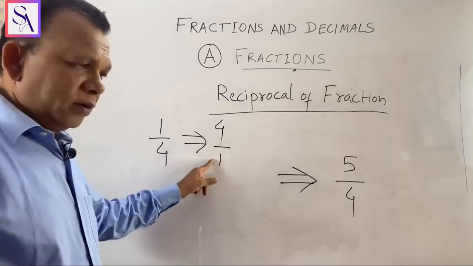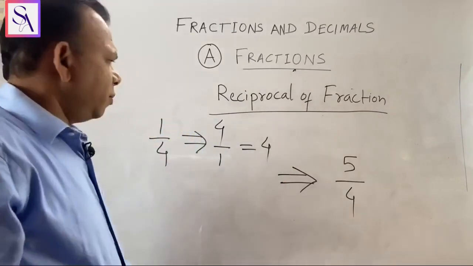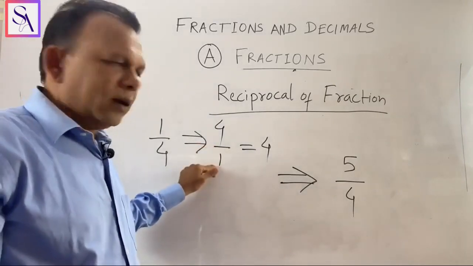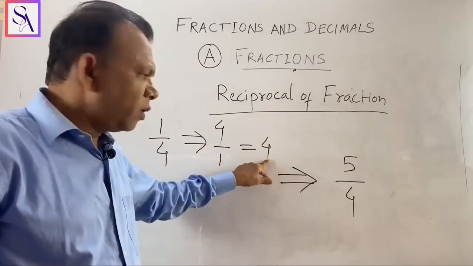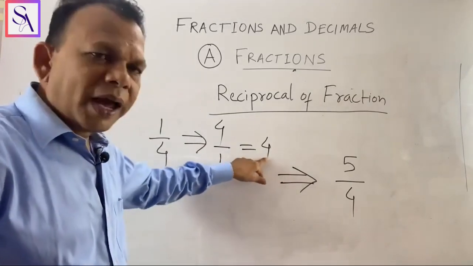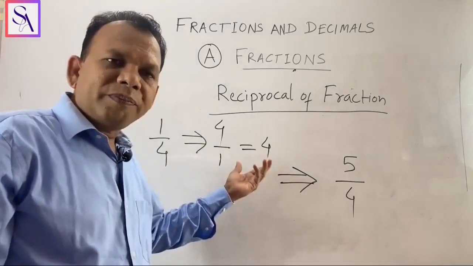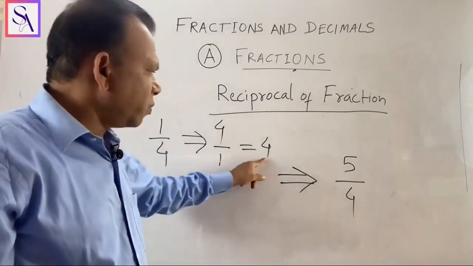So 4 by 1, which can be written as just 4, because we normally don't write by 1 for a whole number. We write the whole number directly as 4. There is an invisible 1 below this. So the denominator is always 1 for a whole number, right? So 1 by 4 will be 4 by 1, which is equal to 4.